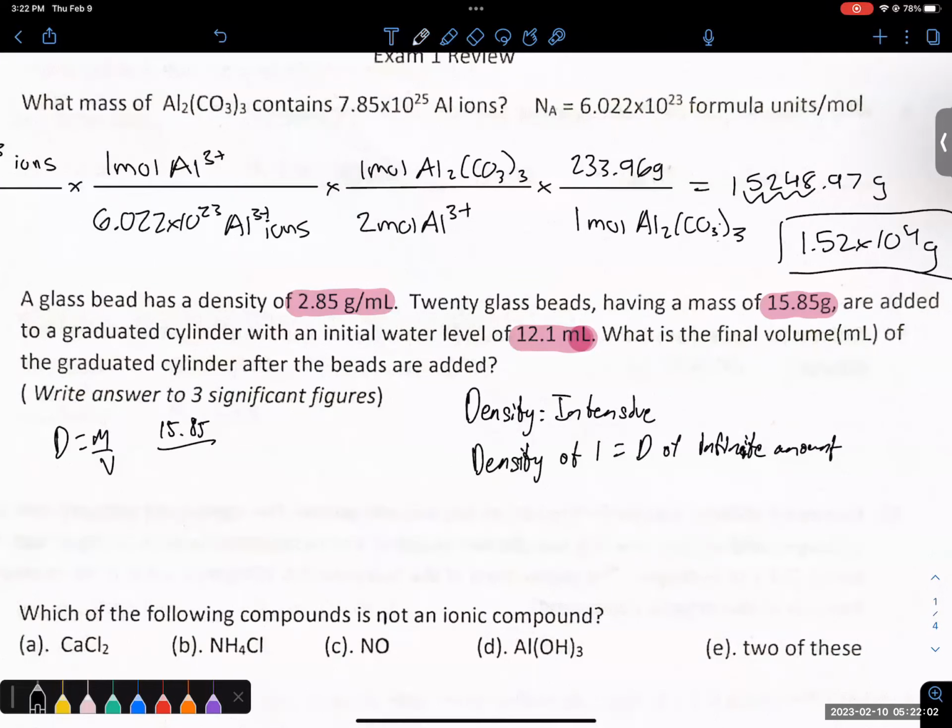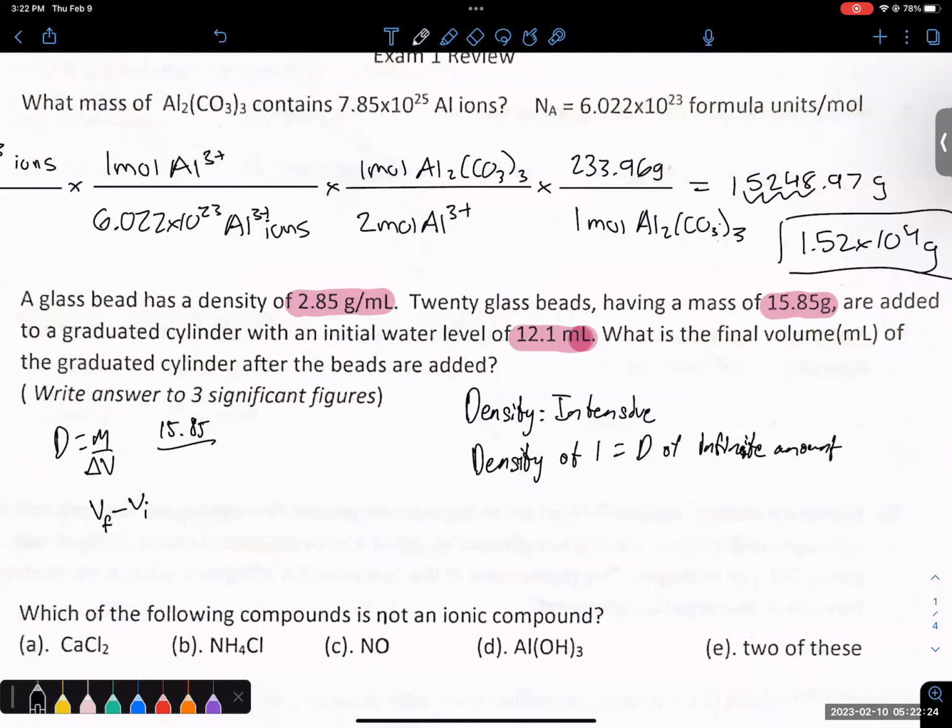And then we need our volume. It says an initial water level of 12.1. So what I'm going to do here is change this V to a delta V, which means a change in the volume. That's the final volume minus the initial volume.